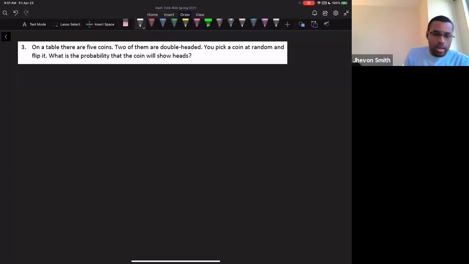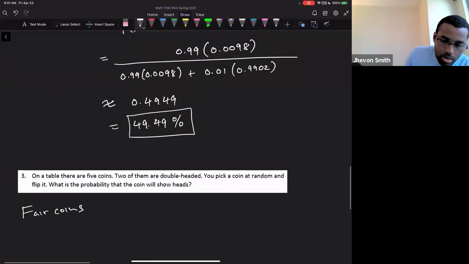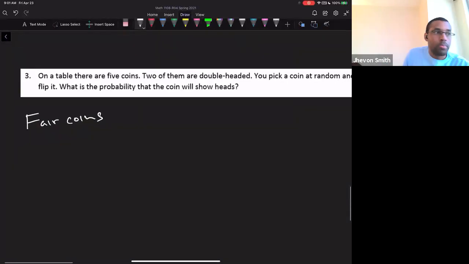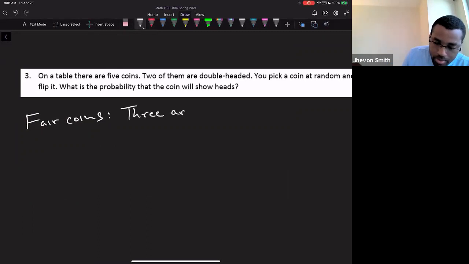And so here we set up fair coins. 3 are fair, 2 are unfair.